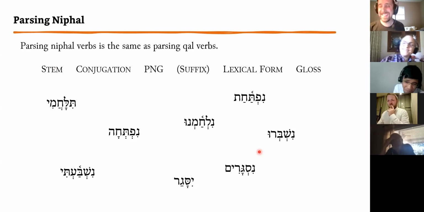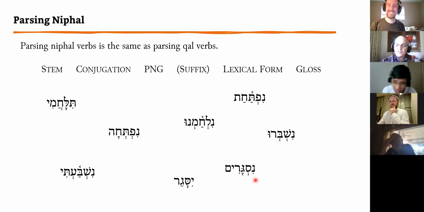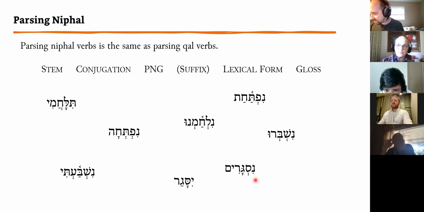Misgarim. We have here the stem Niphal, conjugation, Misgarim. Oh no. Is this a participle? Yes. And then sagar. And then it's active because you don't have passive participles.